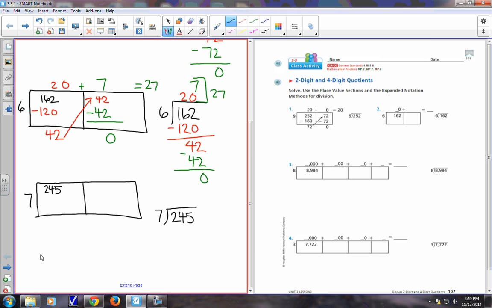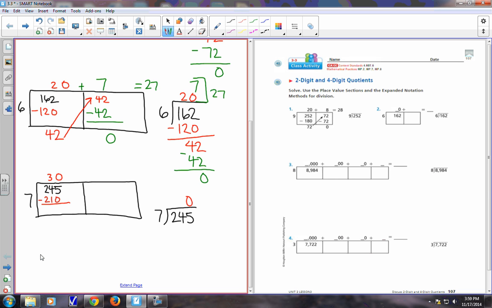245 divided by 7. So I'm going to be looking at this 24 at first. So 24 divided by 7 is 3. 3 times 7 is 21, and we have to add that 0 because we're talking about the hundreds.